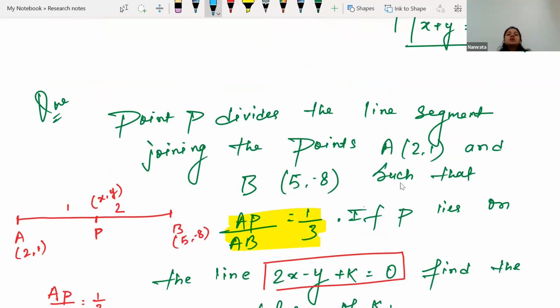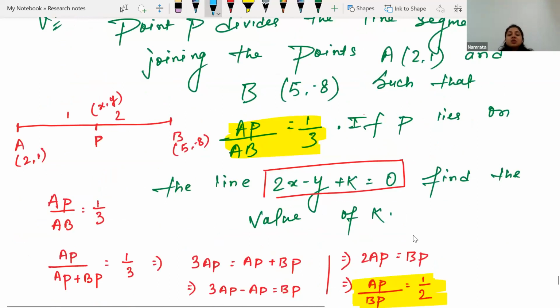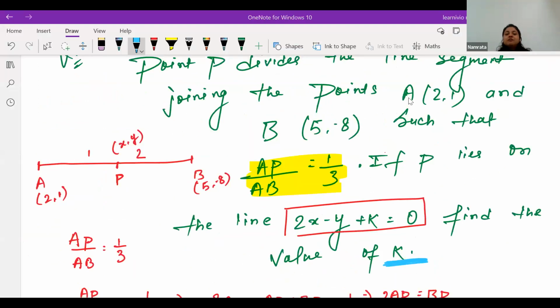If P lies on this line, is it possible to find the value of K from here? Yes or no? If P lies on the line 2x minus y plus K is equals to 0, is it possible to find the value of K from here?